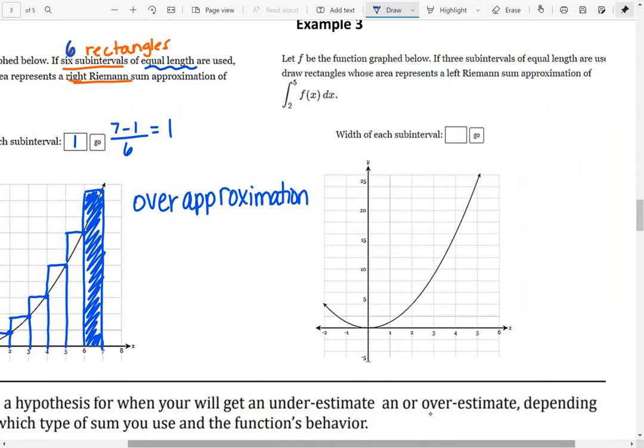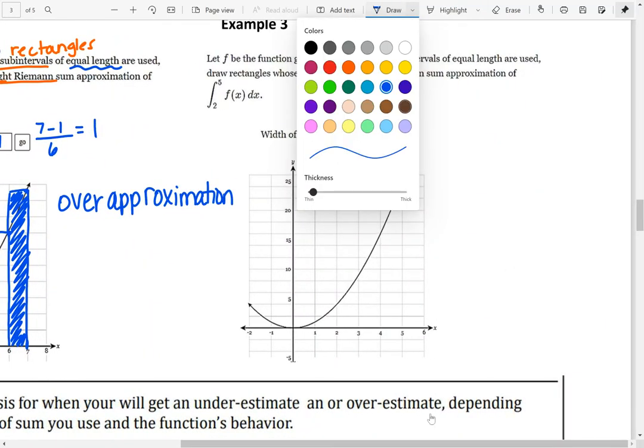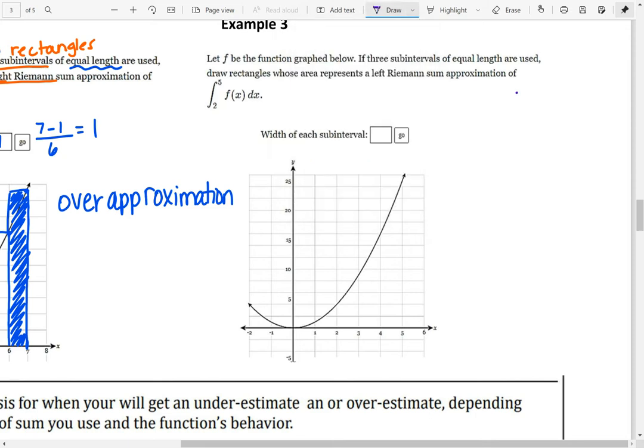Let's see what happens with a left Riemann sum. This time I'm going to make 3 subintervals and a left Riemann sum, going from 2 to 5. So for the width of each subinterval, I take 5 minus 2 and divide that into 3 subintervals, which again is 1.